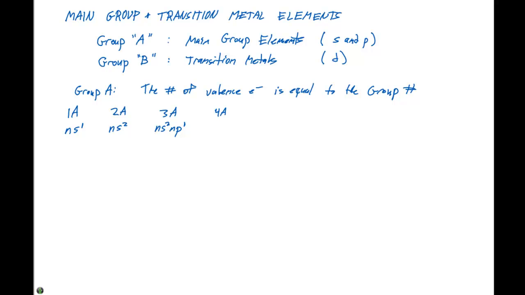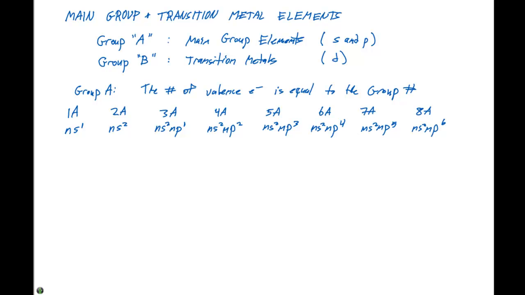Group 4A is ns2 and p2. Group 5A, ns2 and p3. Group 6A, ns2 and p4. Group 7A, ns2 and p5. And Group 8A is ns2 and p6.